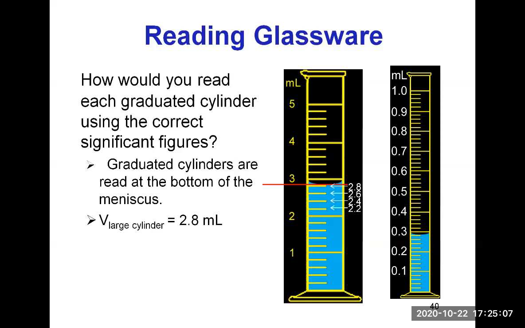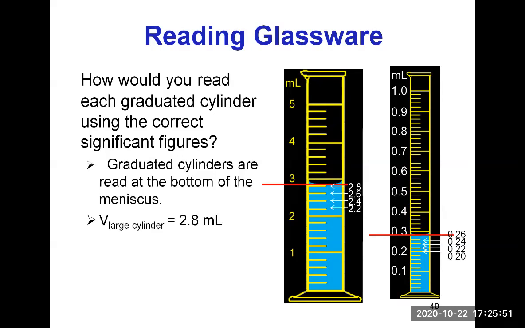Let's read the smaller cylinder. Again, the space between the measurements that are given is by 2's. So from 0.2 to 0.3, let's mark where we will read first, at the bottom of the meniscus, so here. And so this line here is 0.20, because you're right on the line. Next it's 0.22, then 0.24, then 0.26.